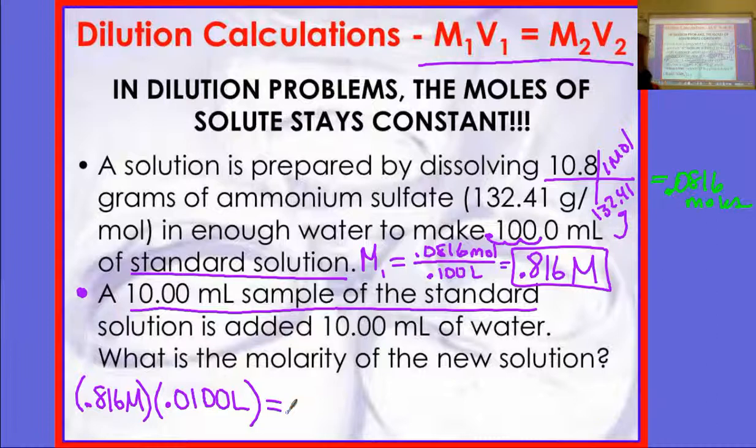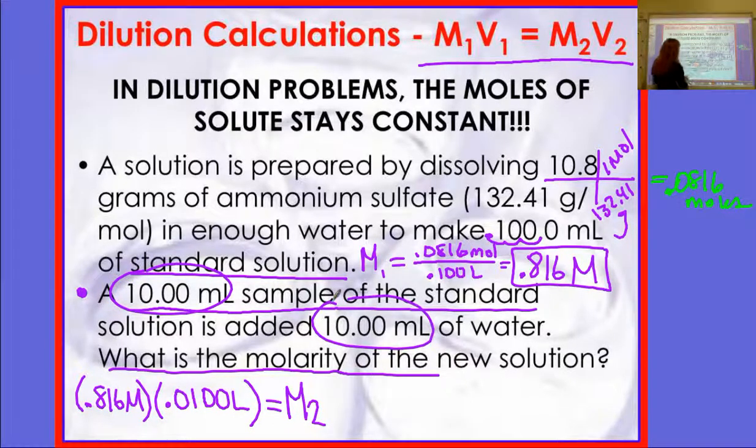is equal to M2. What is the molarity of the new solution? I don't know M2. Times, what's my V2? I'm taking 10 milliliters and adding it to another 10 milliliters of water. So my final volume, 10 plus 10, or 0.02 liters.